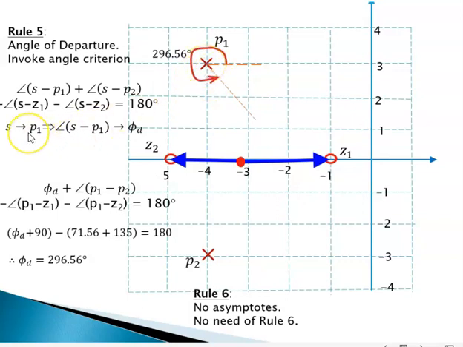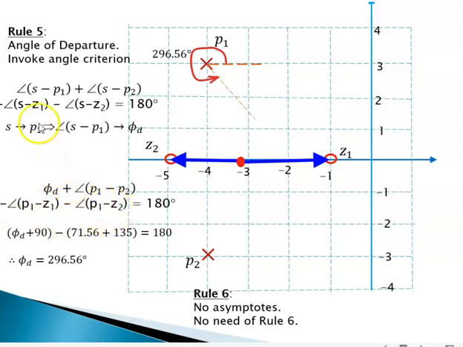So we say s tends to P1 and s minus P1 tends to phi A, or phi B.